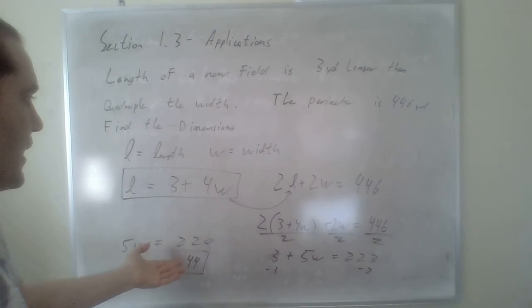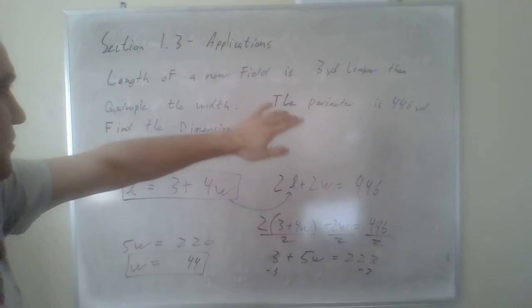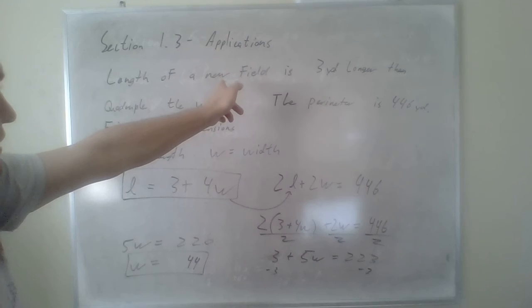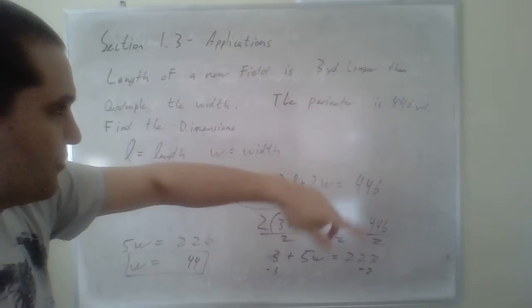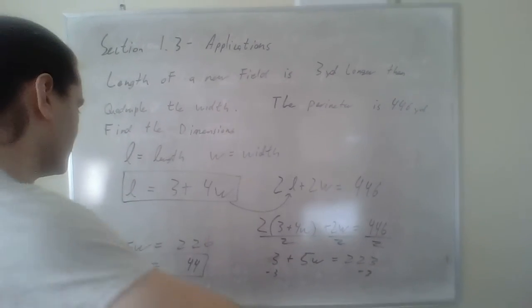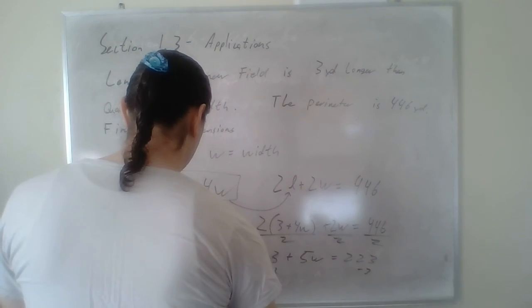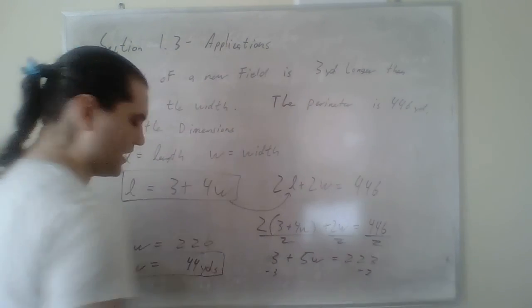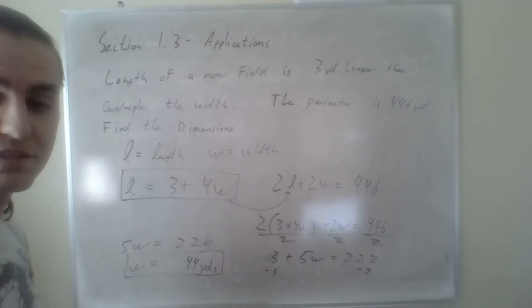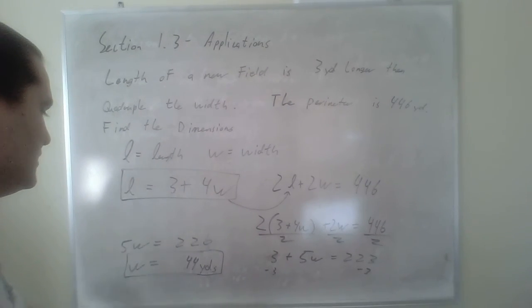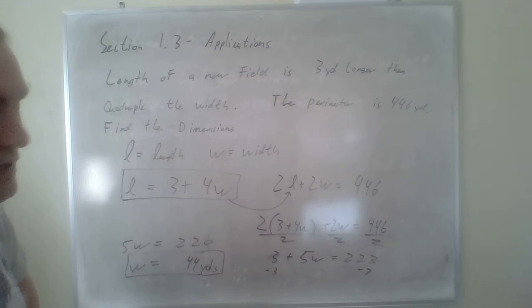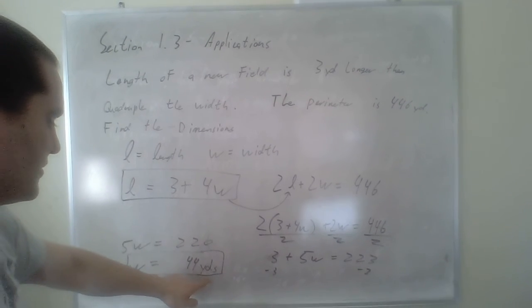This is 44, and the only actual dimension that we're working with here is yards. It's 3 yards longer. The perimeter is 446 yards. So this is pretty clearly yards. I will expect you to label your units on your answers for all of these problems. So don't forget the yards.